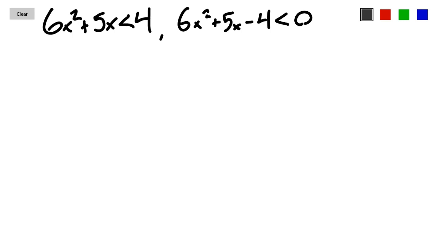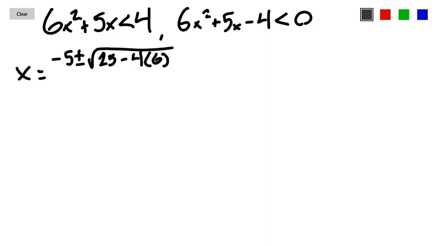So if I'm going to use the quadratic formula to find zeros, I have x is equal to negative 5 on the top, plus or minus the square root of 5 squared, which is 25, minus 4 times AC, 6 times negative 4. All that is divided by 2a, so 2 times 6 gives me 12 here.